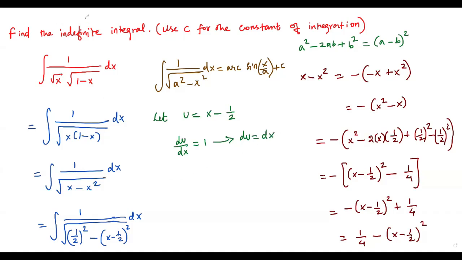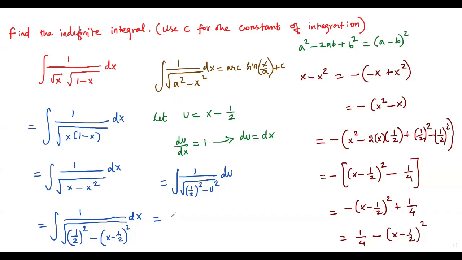Now let me continue with the integration. That is, the integral of 1 over square root of (1/2) the whole square minus u square, for dx we substitute du. Now I can use the formula, because this part is exactly in this form.